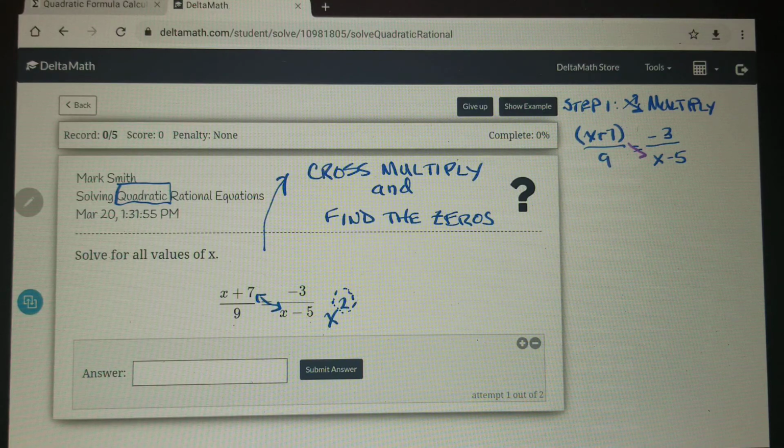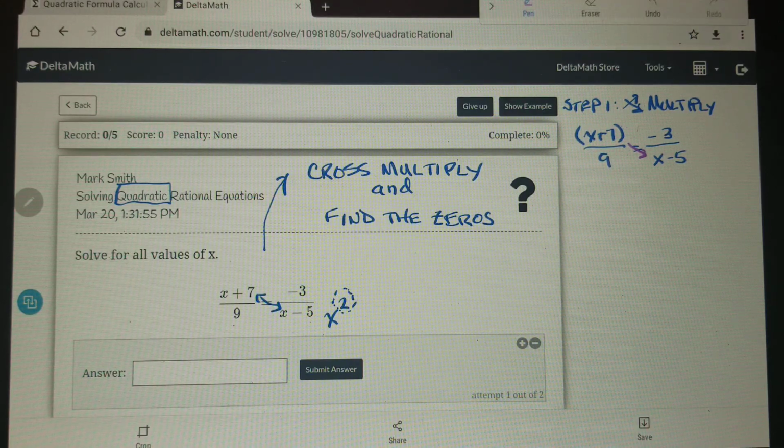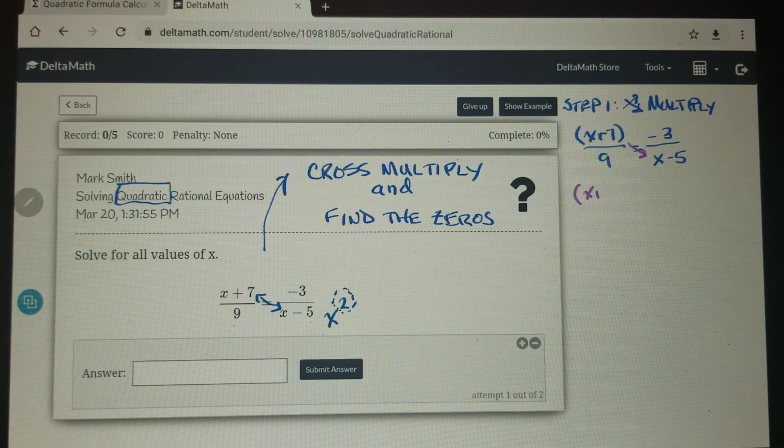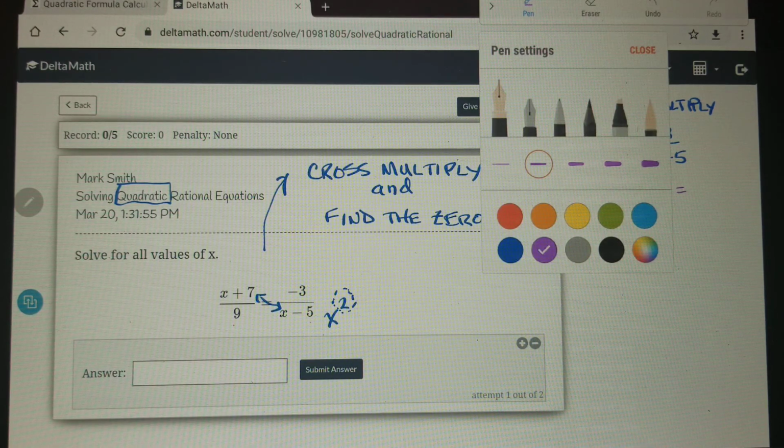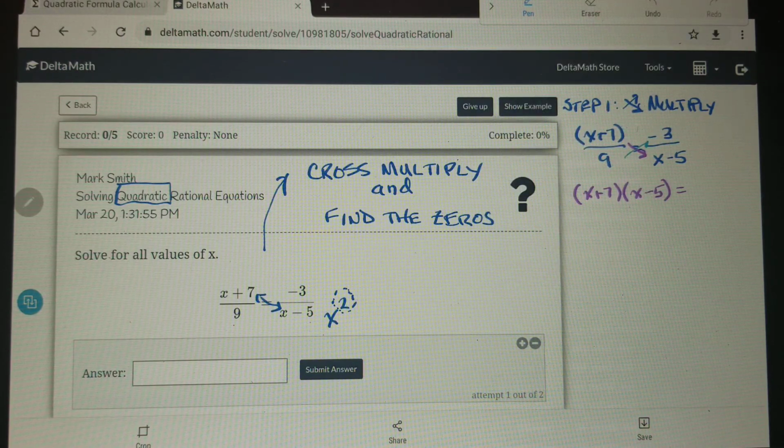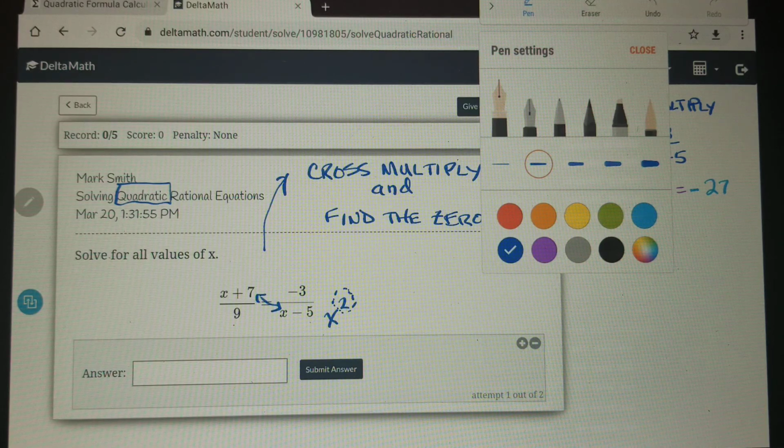We're going to cross multiply these two, which is x plus 7 times x minus 5. And then the other side is going to be a lot simpler. We're going to multiply 9 times negative 3, which is going to give us negative 27.